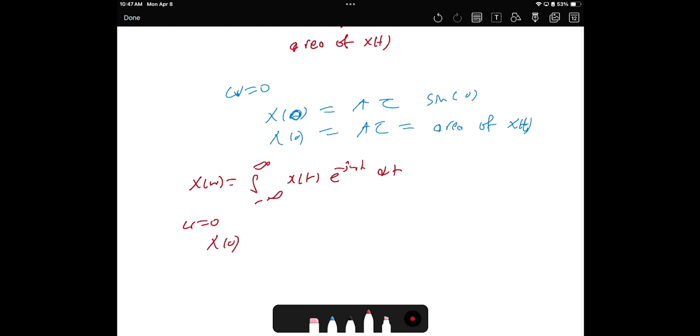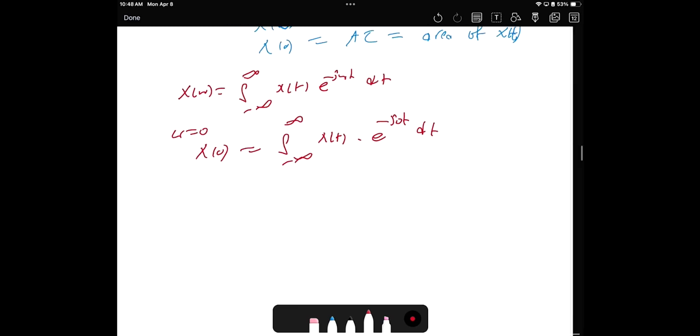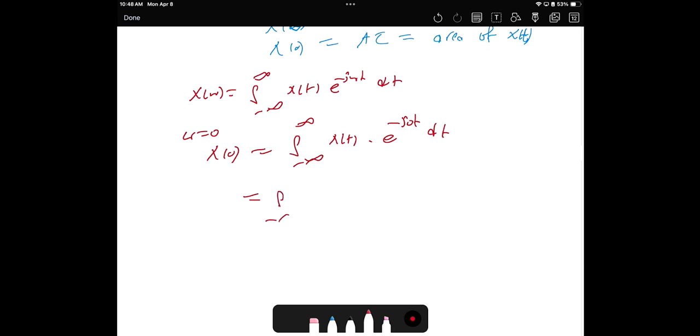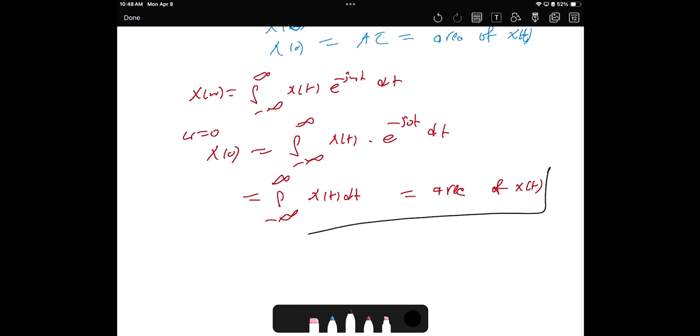X of 0 will be the integral from negative infinity to infinity of x of t e power negative j 0 t dt. E power 0 will be 1. So it will be the integral from negative infinity to infinity of x of t dt, which is the area of x of t. Which is the same as x of 0.